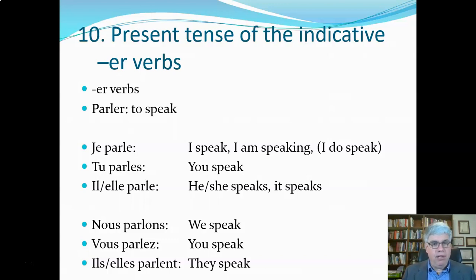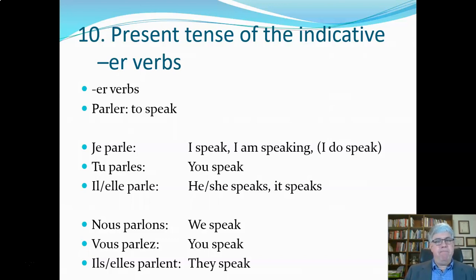And we're going to be looking at ER verbs. Verbs in French are classified into three different groups based on the infinitive. The infinitive is the dictionary form of the verb, the form that you would look up in the dictionary.